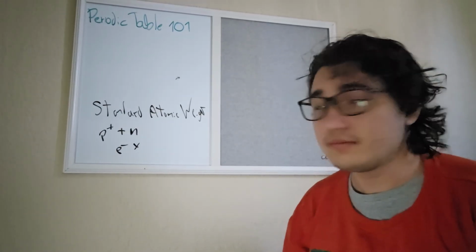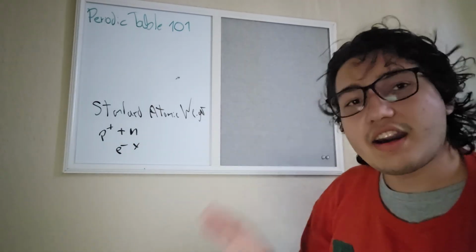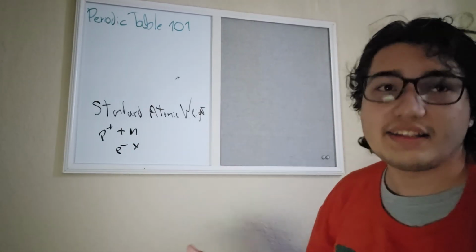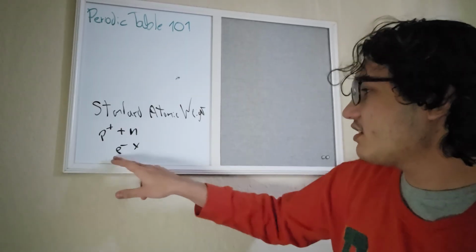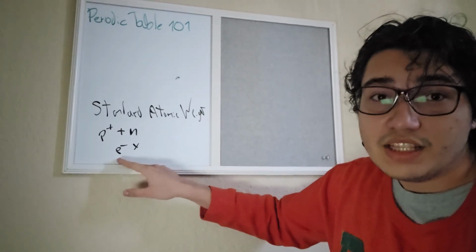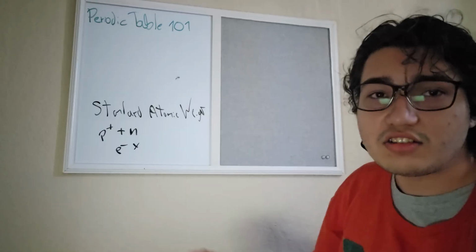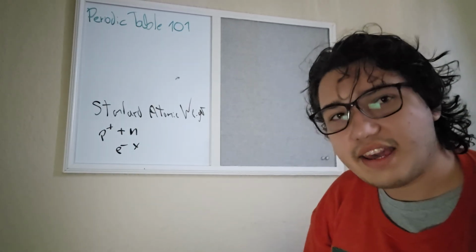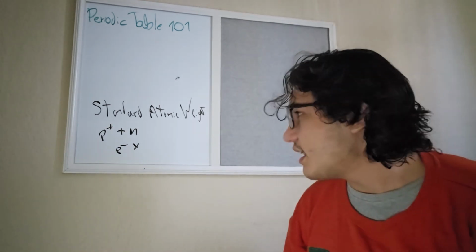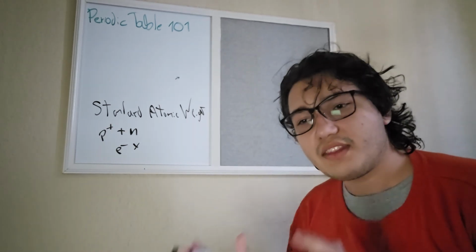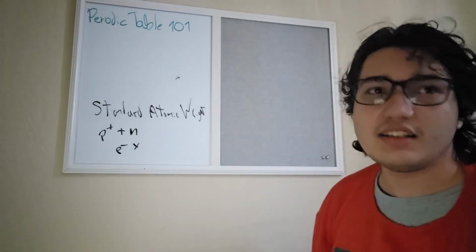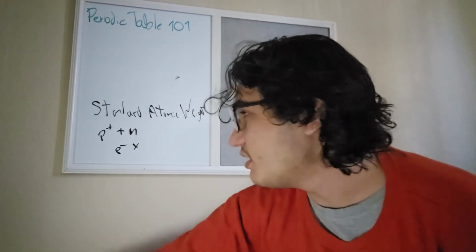Just say 1. Neutrons weigh about the same as a proton, so we will also simplify that as 1. But electrons, they're so small, even when compared to protons and neutrons, that you don't really count it in the weight. Just know that protons plus neutrons is weight, electrons do not matter in that regard.